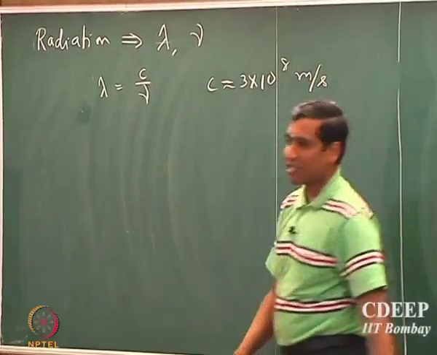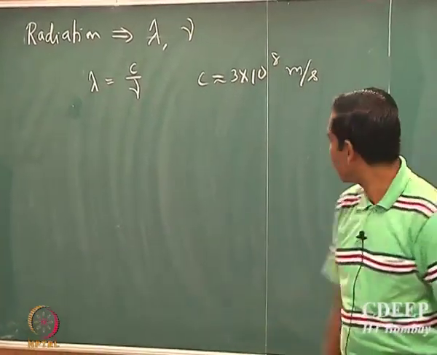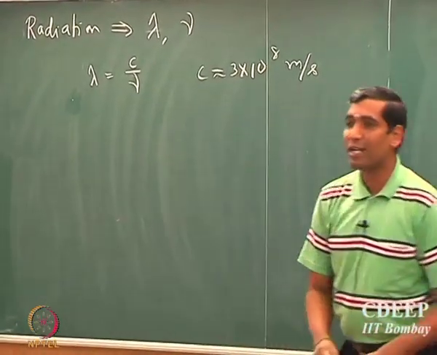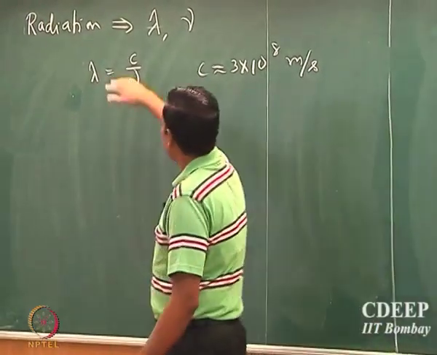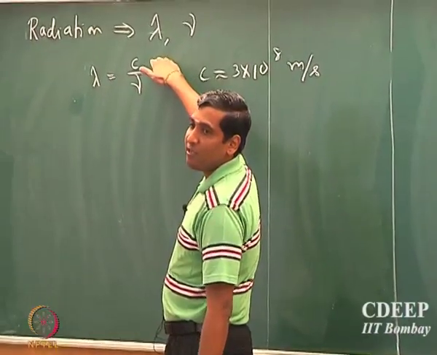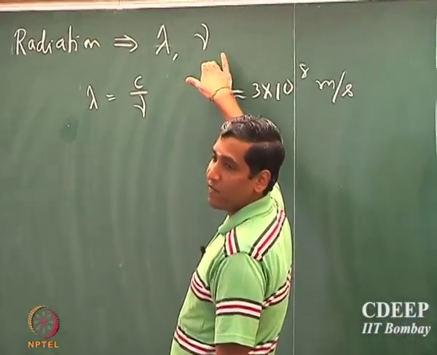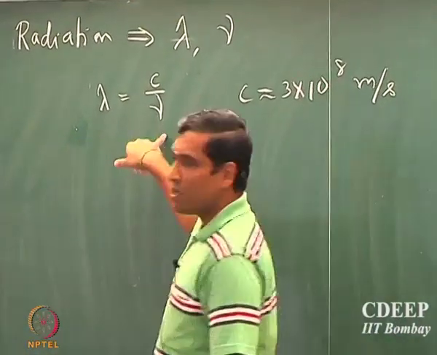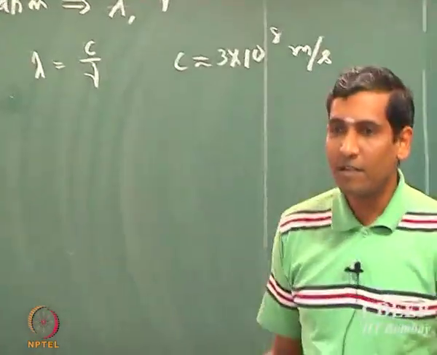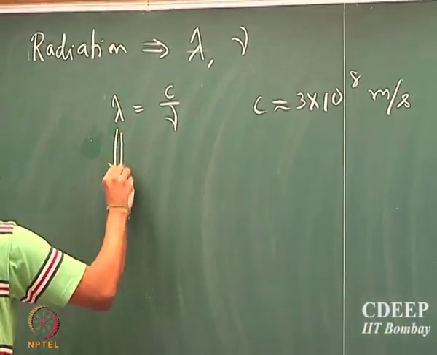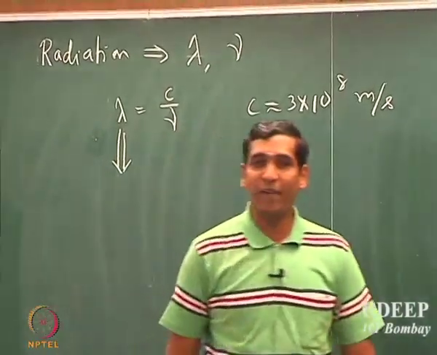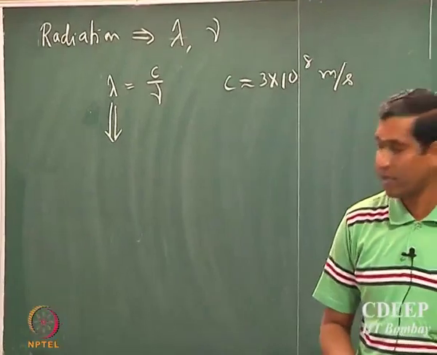It's 2.998 something, so approximately 3 into 10 power 8 meters per second. So if we know the wavelength, we know what the frequency is going to be. Therefore we are going to talk a lot about the wavelength of the emission.